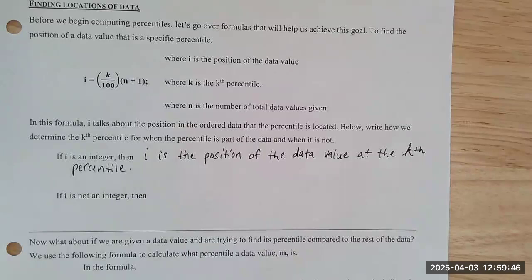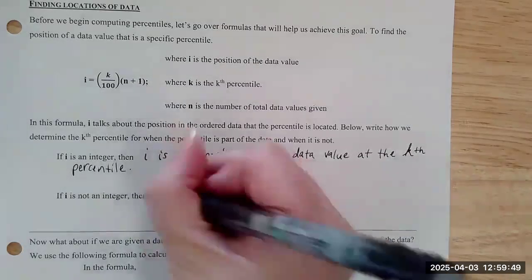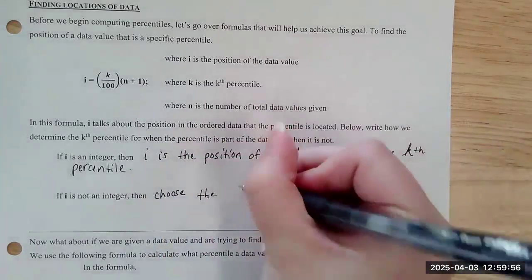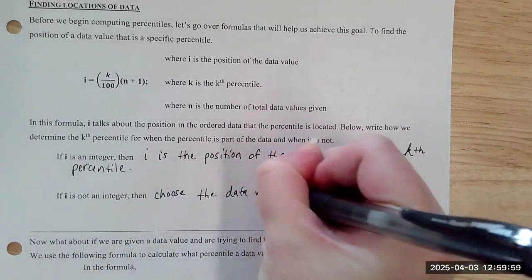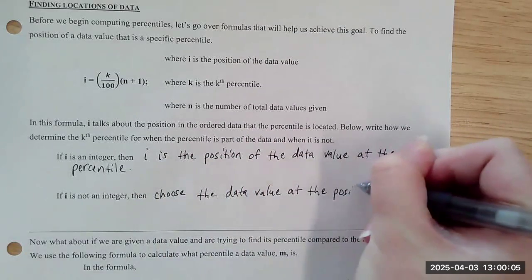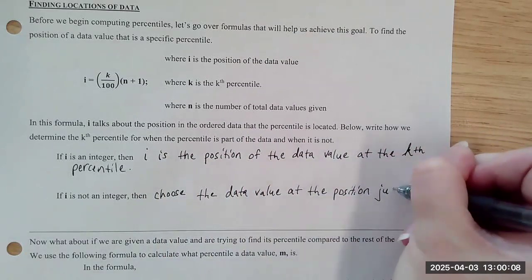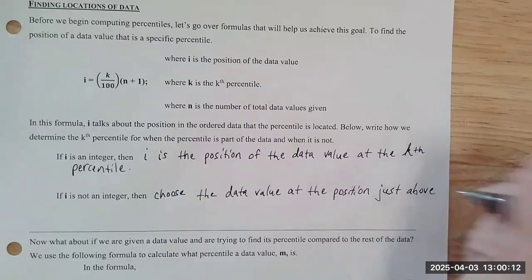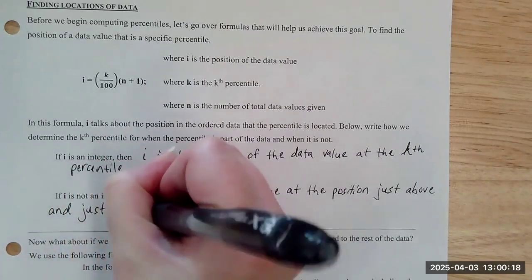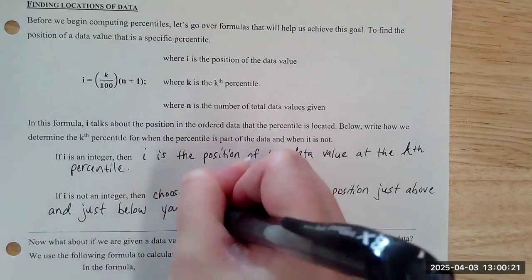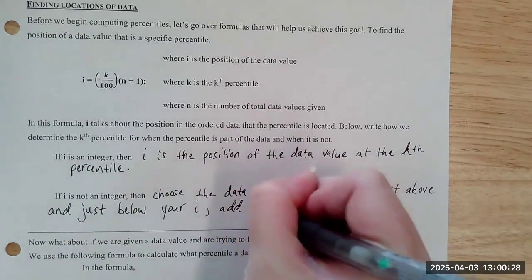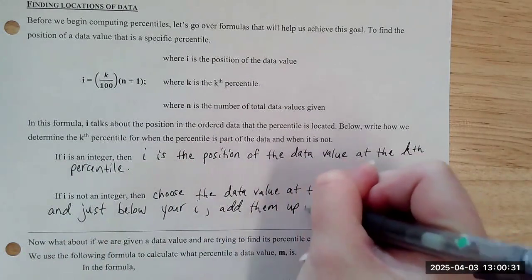So if it's not an integer, then choose the data value at the position just above and just below your I. Add them up and divide by 2.